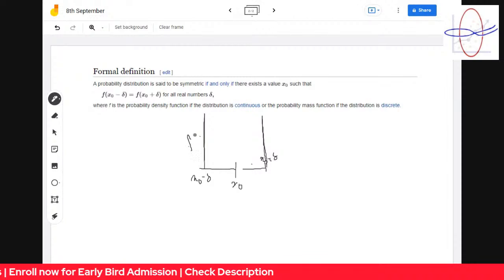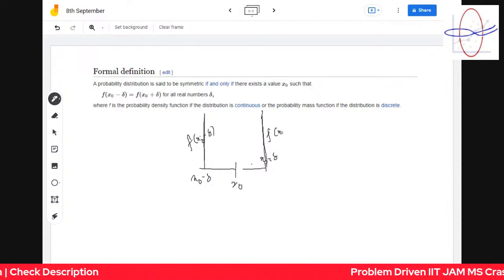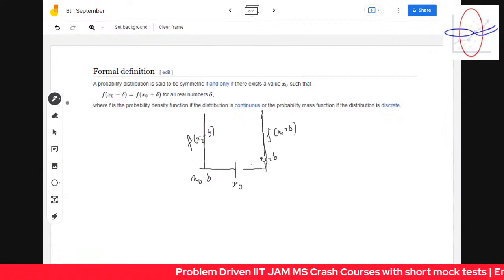So f of x naught minus delta is equal to f of x naught plus delta for all real numbers delta. This is the basic idea, the definition of a symmetric random variable.